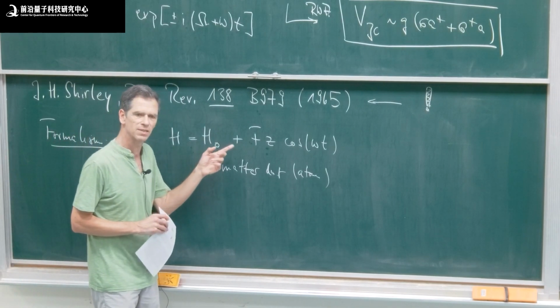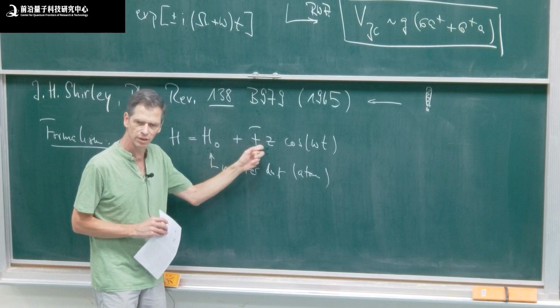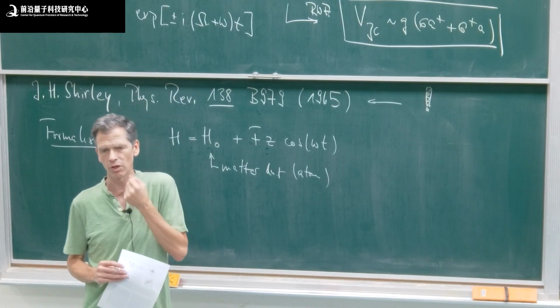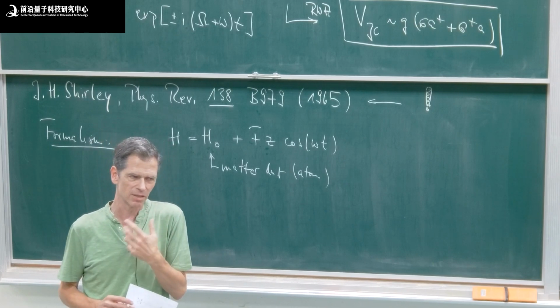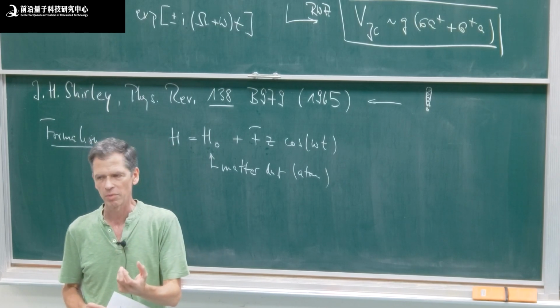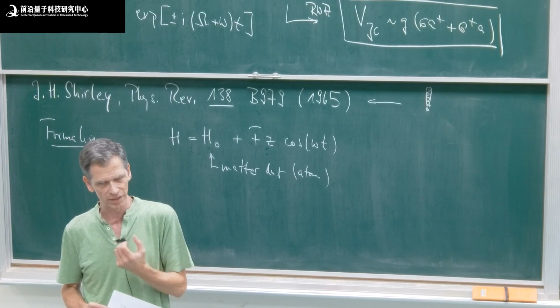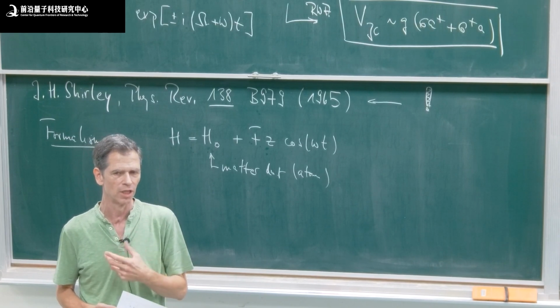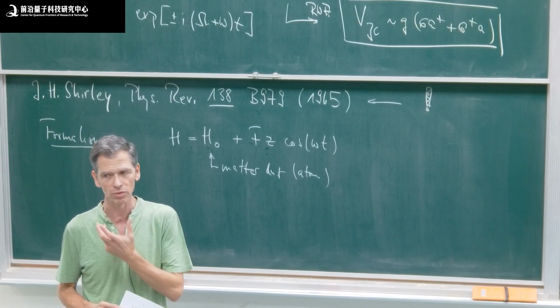This means that the interaction between the atom and the field will essentially not change the state of the field. The typical number of photons either absorbed from the field by the atom or spit into the field by the atom does not really change anything. It's a small number of photons with respect to the total number of photons in the field.